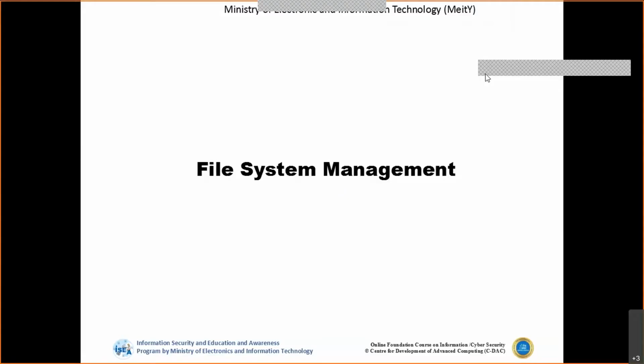So with this introduction, we'll start with the basic introduction to the file system, then how the OS has been developed, and then we'll discuss some of the basics with respect to both Windows and the Linux operating system. Thank you.